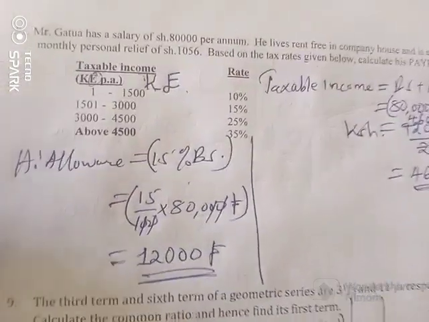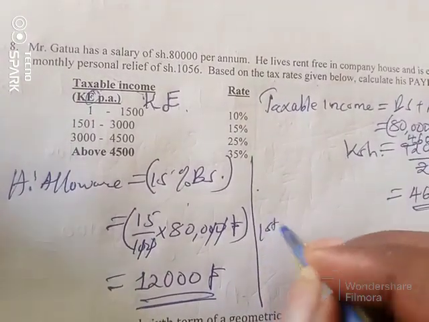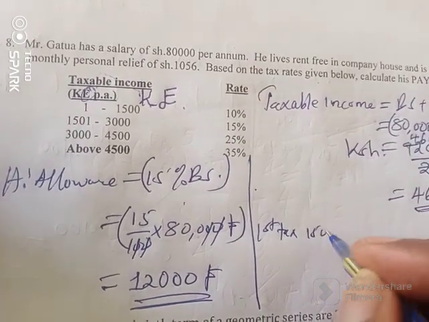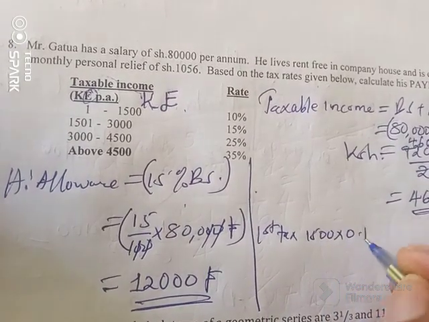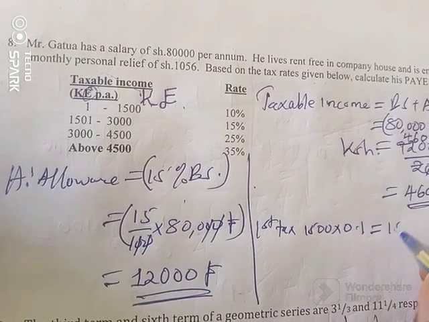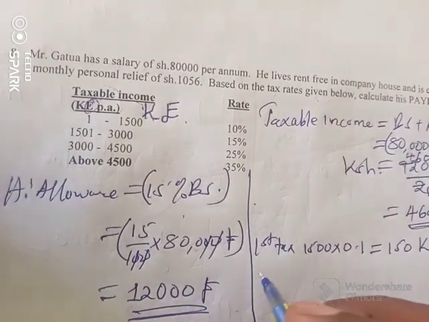Now coming back to our table, we are going to do first tax. So first tax is 1,500 by 0.1. That is 10%, is 0.1. We shall get 150 Kenya pounds.